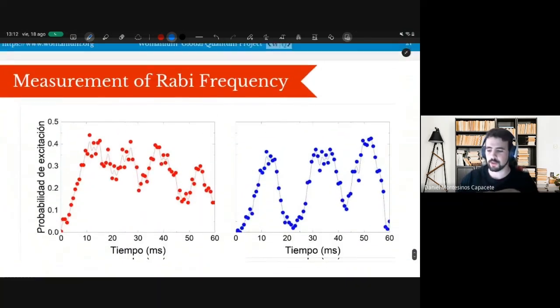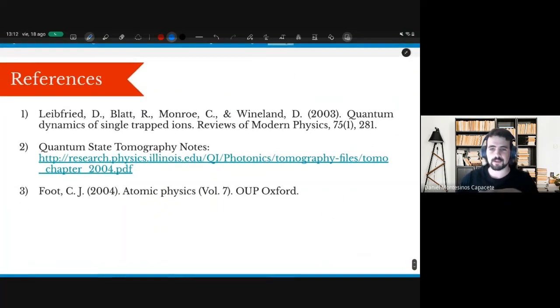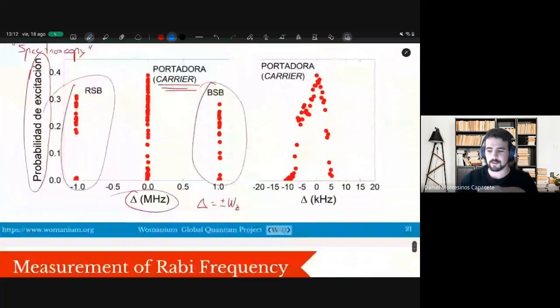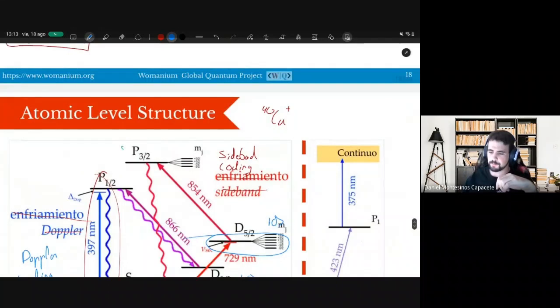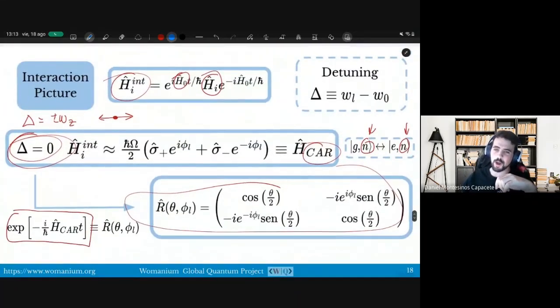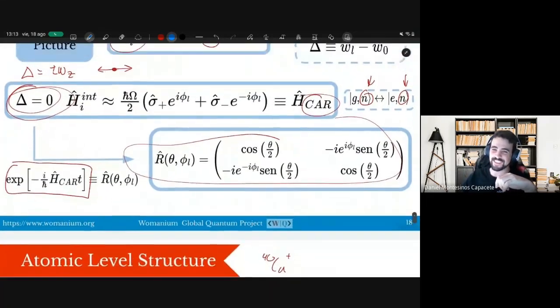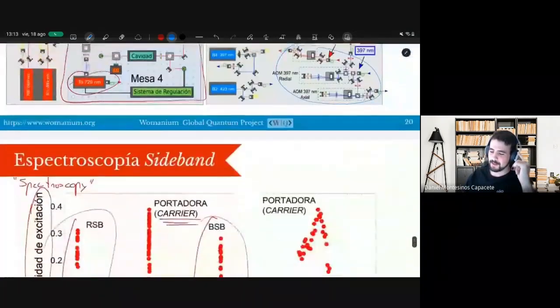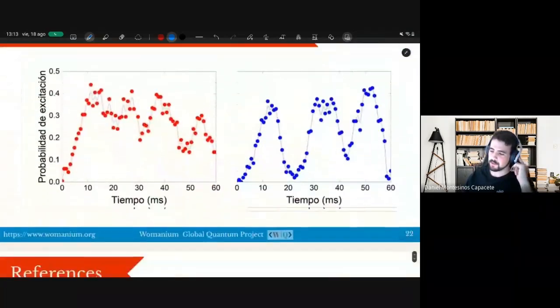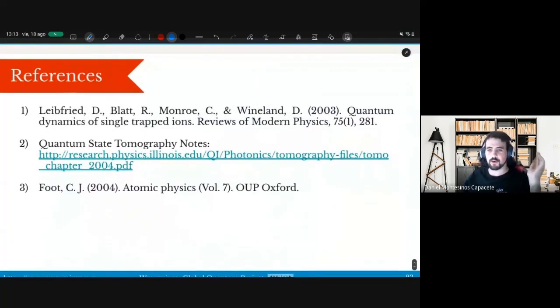Because this is going into the hardware stuff, and think that all that I have discussed, the Hamiltonian things, is quite complicated, but this is just for one qubit in an ion trap. So it's complicated, right? But that was all.